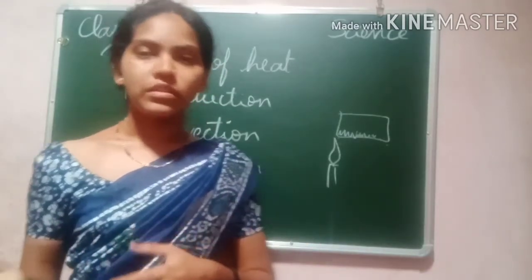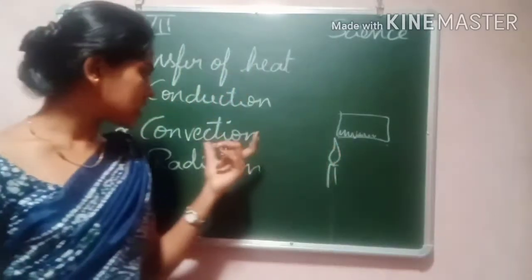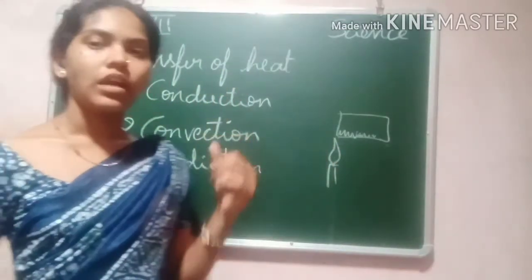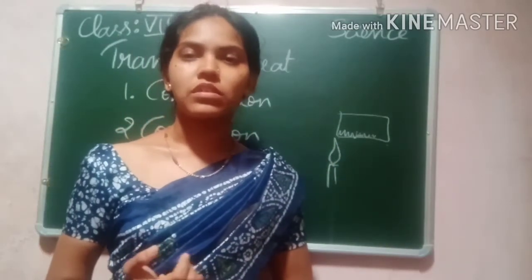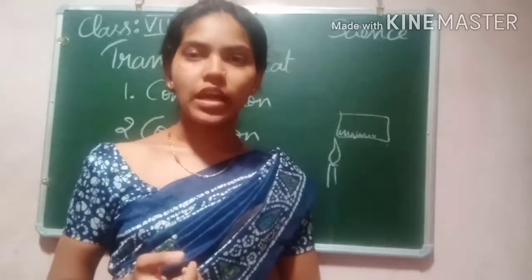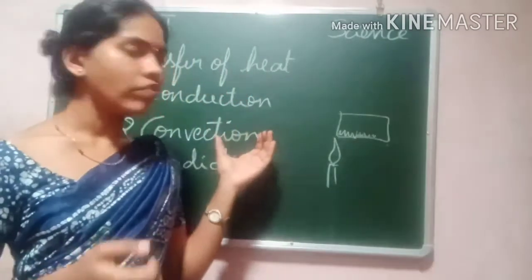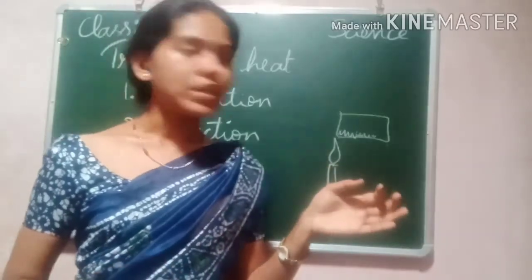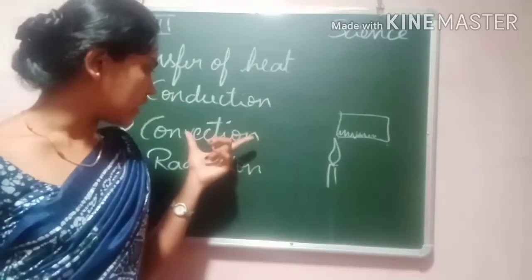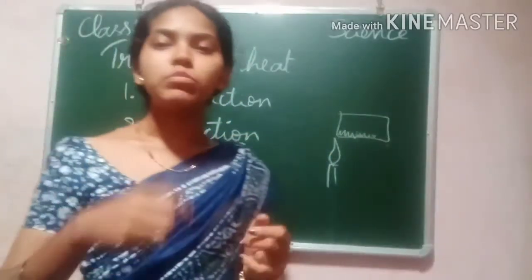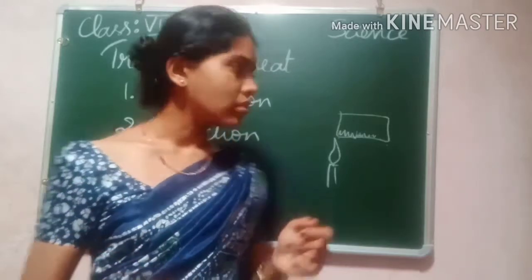Then we have discussed the convection of heat, how convection takes place. So what do you mean by convection? Convection is also a way of transferring heat from one object to another. What happens when there is convection? We can observe the movement of molecules.